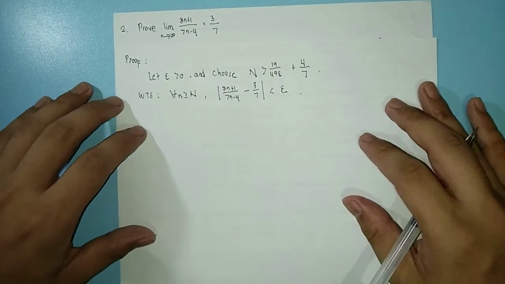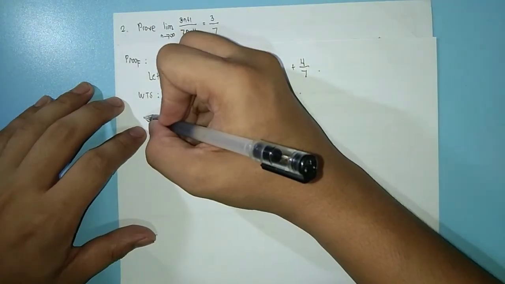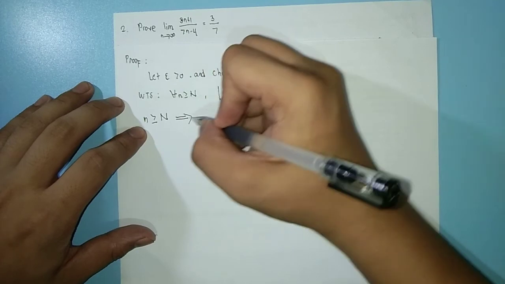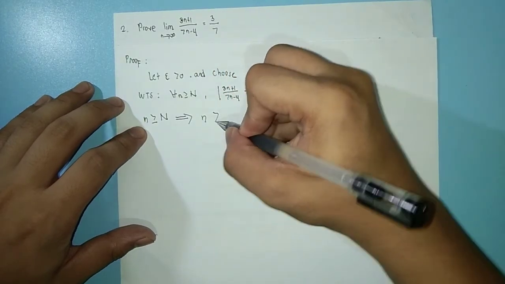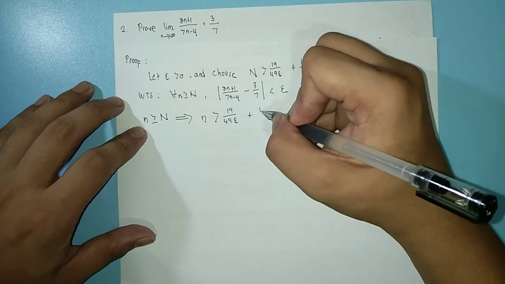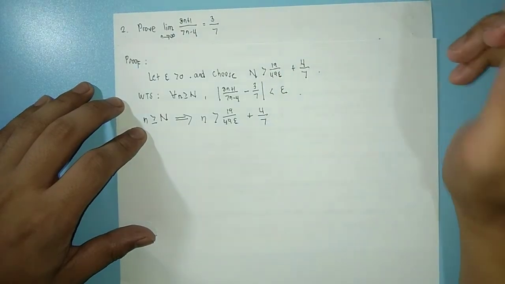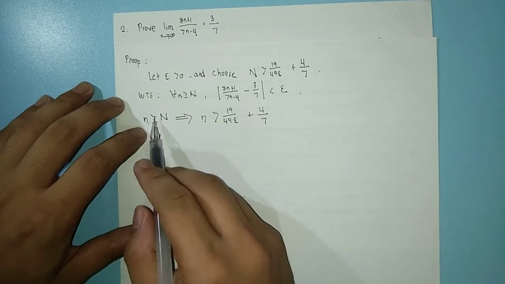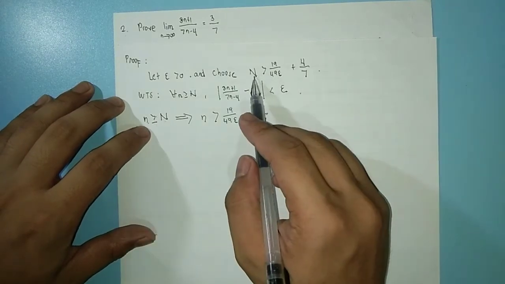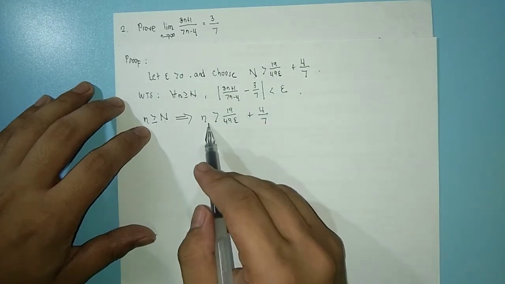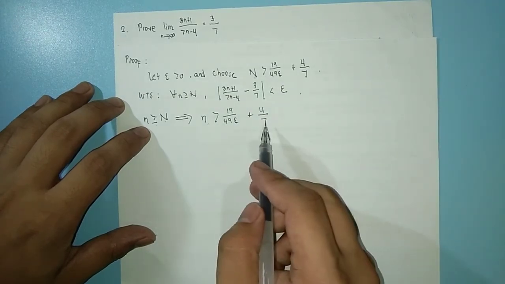Okay? Now, n greater than or equal to large N implies n greater than 19 over 49 epsilon plus 4 over 7. Tama? Since yung small n na to ay greater than or equal to N at yung large N ay greater than dito, so sigurado tayo na yung small n na yan greater than dito.